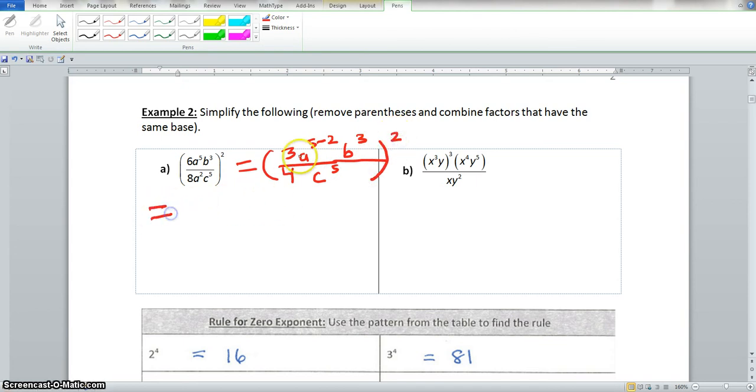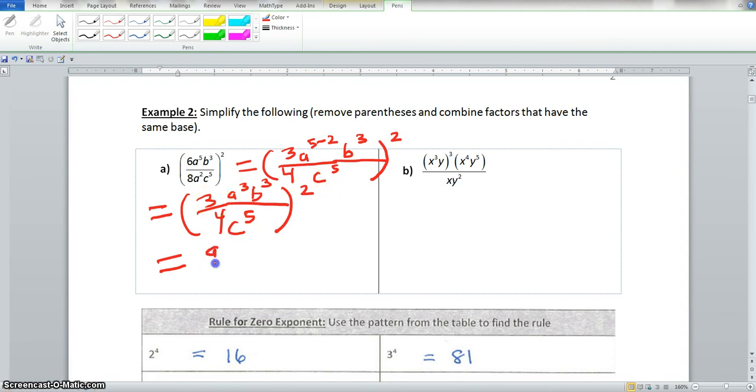So now we still will have 3 over 4. Now a to the 5 minus 2 is a to the 3rd. Then we have b to the 3rd all over c to the 5th, and that's squared. So now we square everything inside this parenthesis.